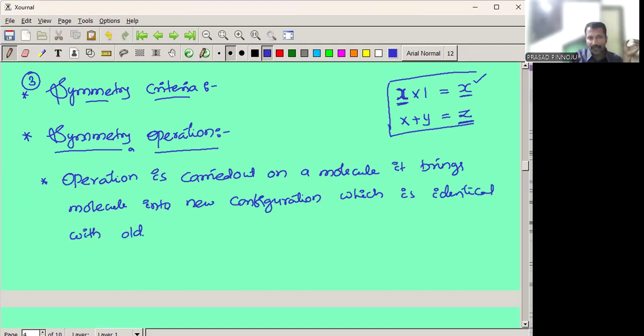Then that operation is called a symmetric operation.